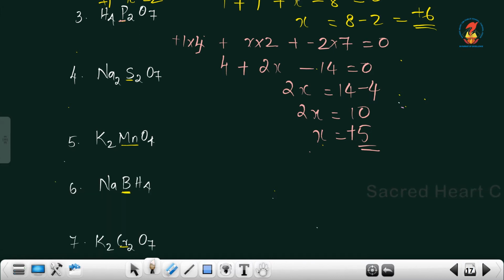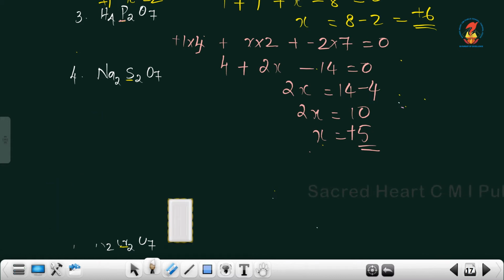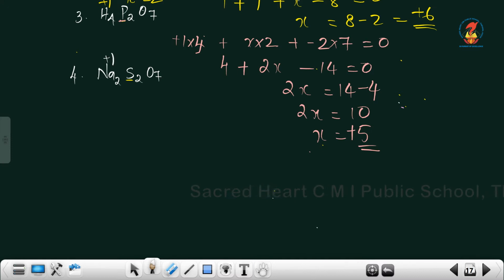Similarly, in the case of Na2S2O7, here we know sodium is +1, sulfur we can take it as X, oxygen -2.